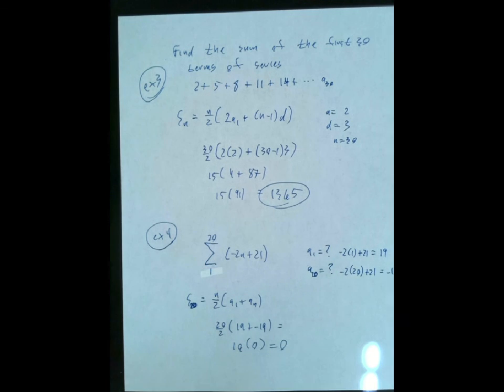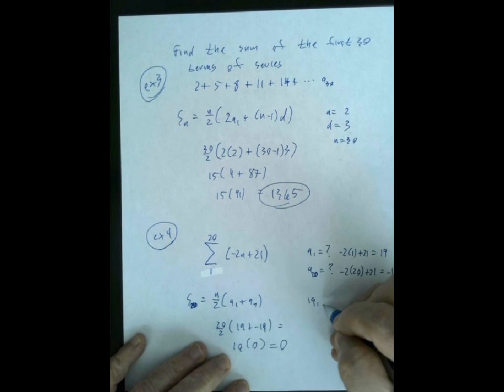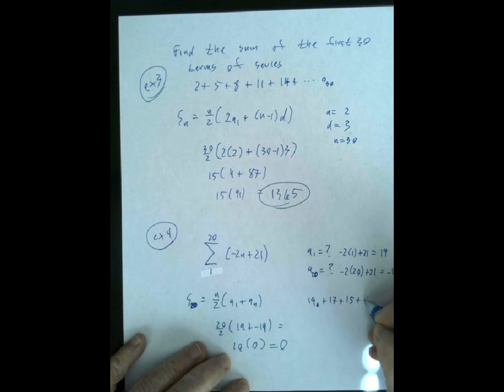How does the sum work out to be 0? Well, as you can see, we're starting at positive 19 and we're counting down to negative 19.